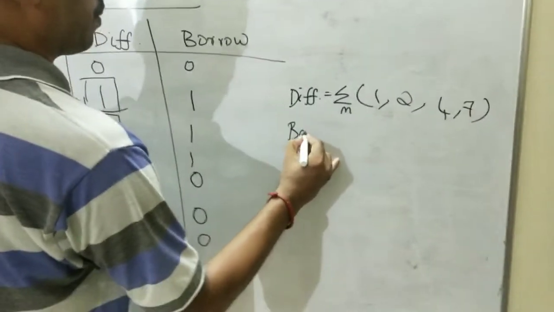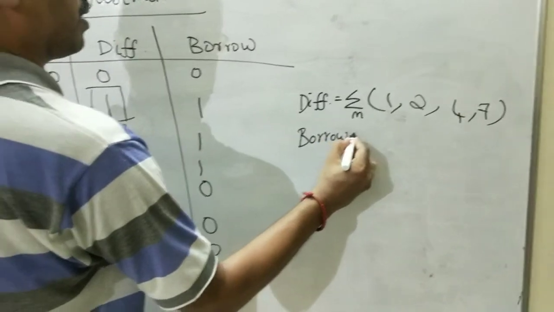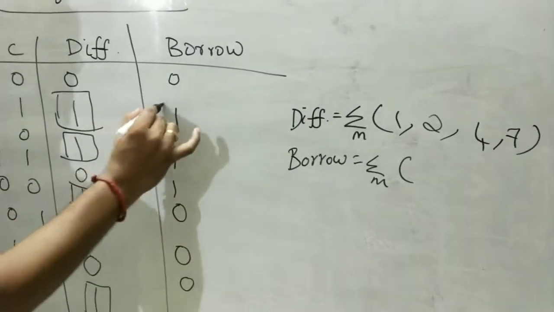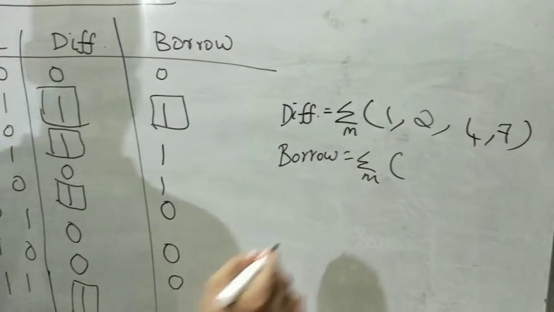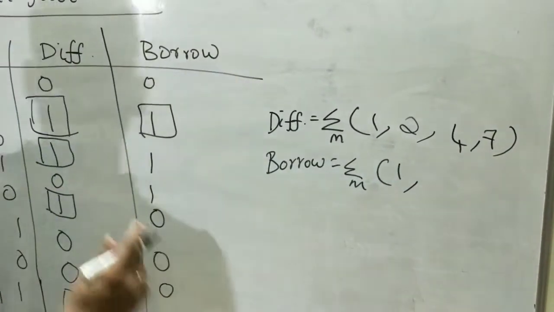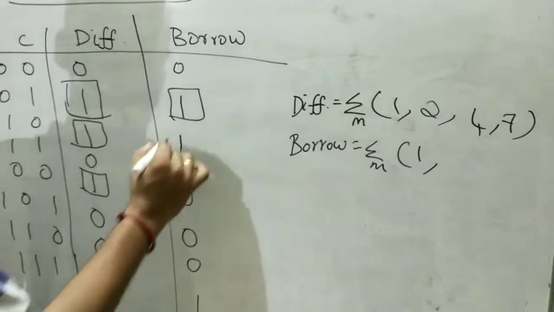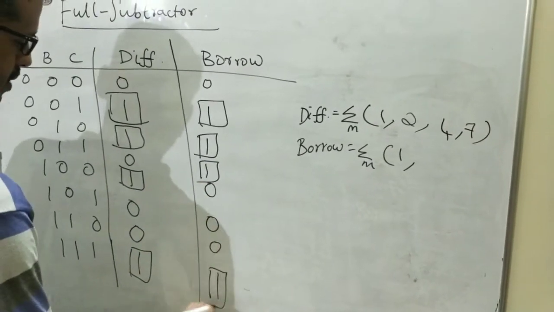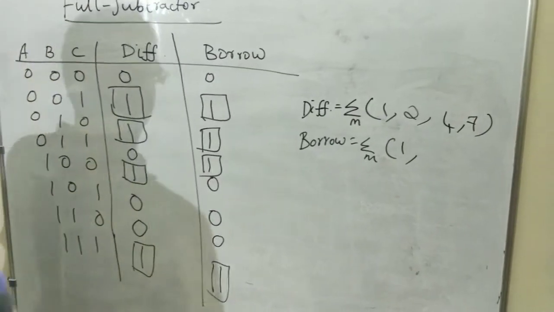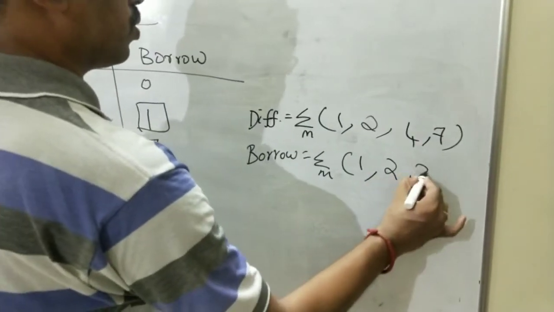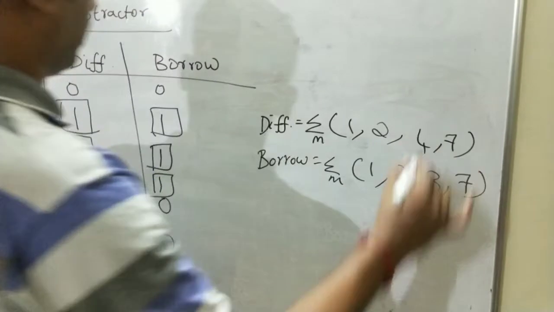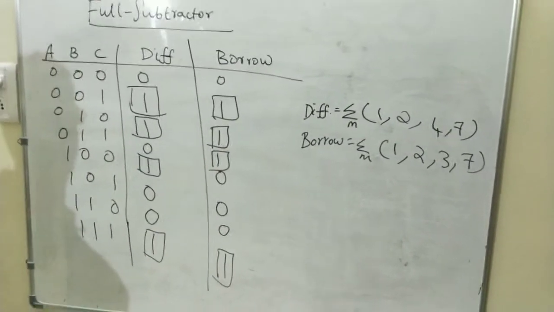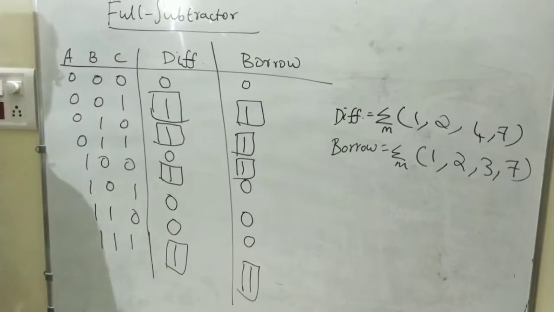For borrow, it is 1, 2, 3, 7, right? Borrow it is 1, 2, 3, 7. Is it clear? Is there any doubt here? Yeah, I think it's clear.